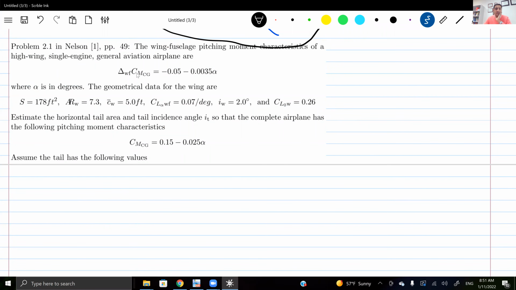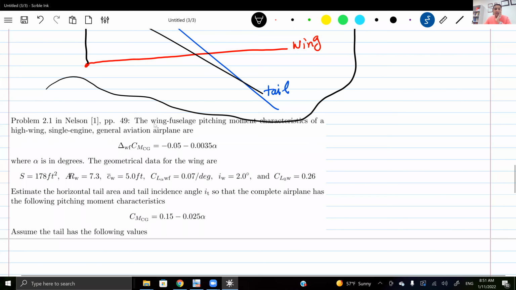So what's the problem? We're given the wing and fuselage together. In this course, we're really neglecting the fuselage, and it's a fair assumption, but sometimes the fuselage contribution becomes significant. After this course, if you want to read these couple of pages in the book about the fuselage contribution, it wouldn't be difficult at all.